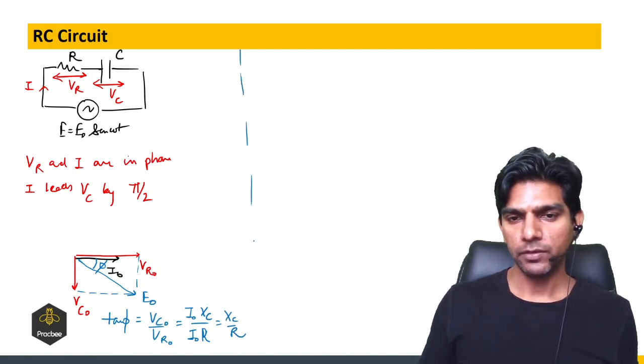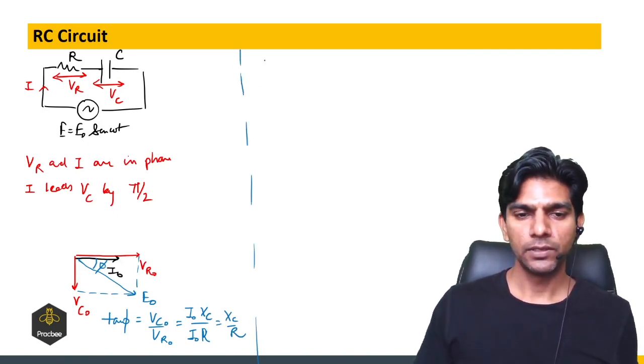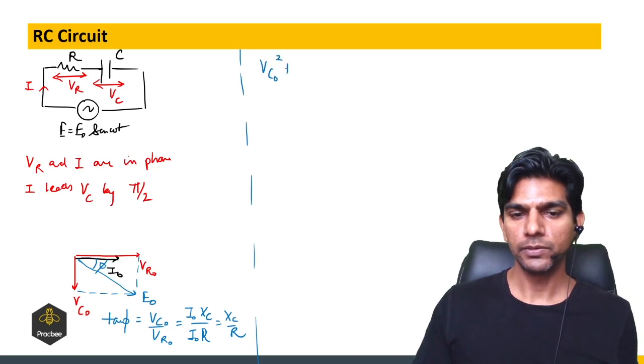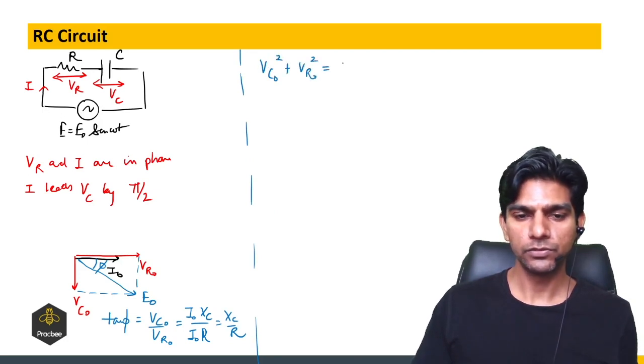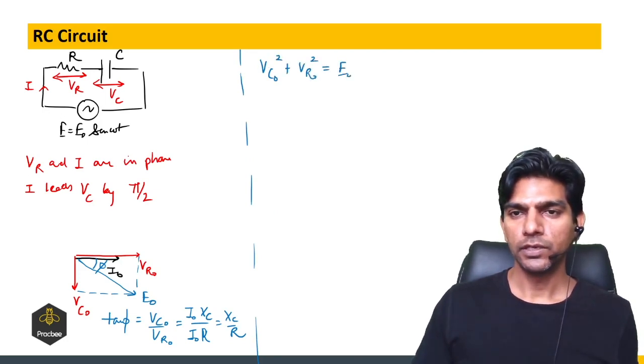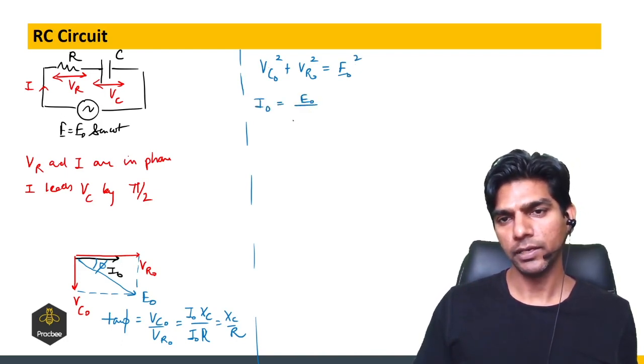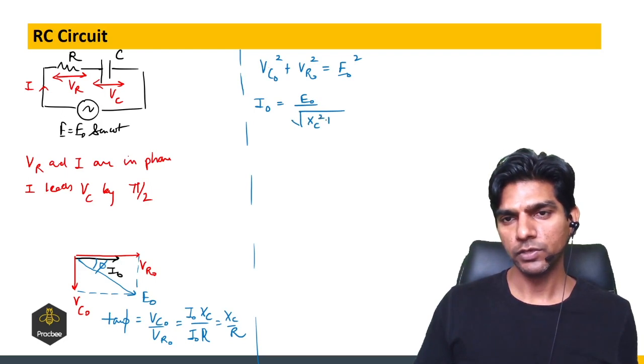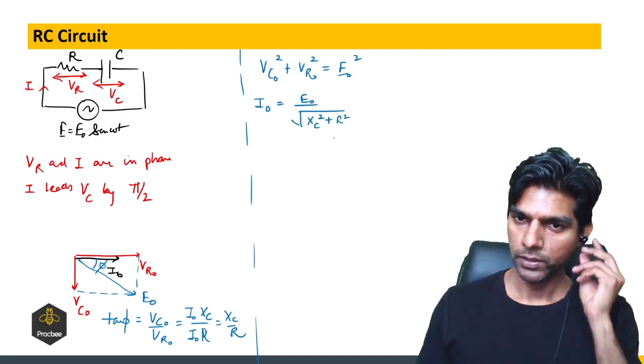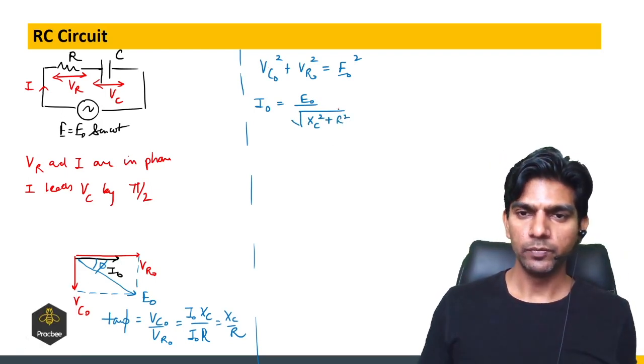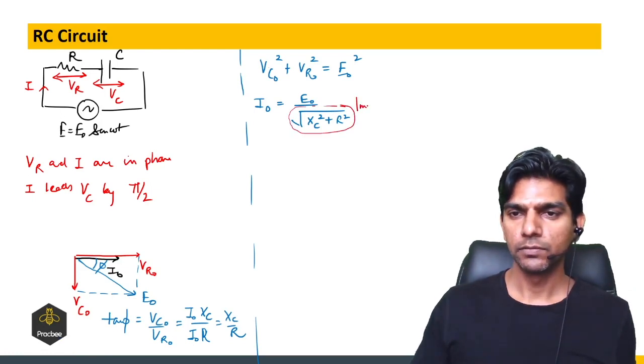So if I want to find the peak value, we can say VC naught square plus VR naught square is equal to E naught square. And from here we can find the peak value as E naught by root of XC square plus R square. Now the denominator is nothing but the impedance of this circuit.